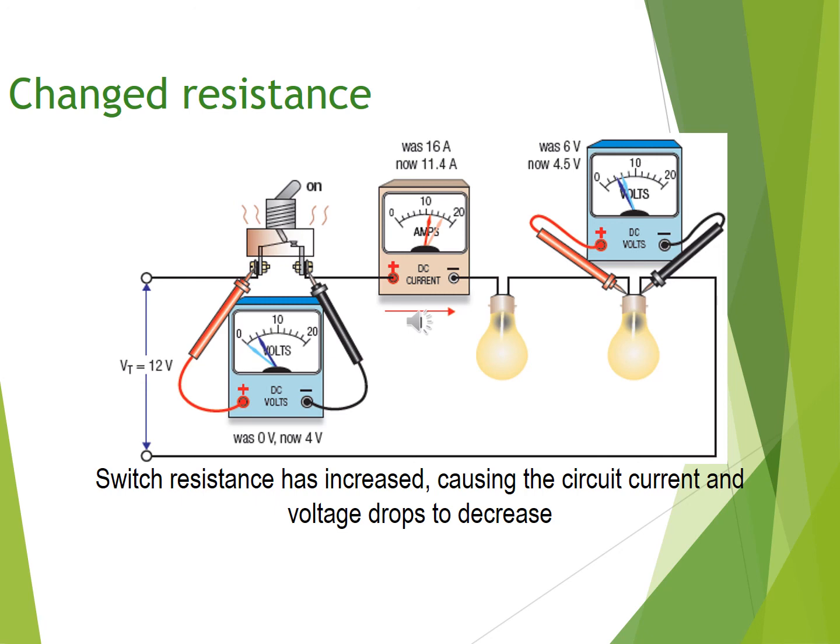Maybe not enough to go open circuit. If it did go open circuit, of course the lamps would go out. But if the resistance started to change from 0 ohms to 10 ohms, 20 ohms, 100 ohms, you would see the light starting to dim, as the total resistance of the circuit would have to take into account the resistance across the switch, plus the resistance of lamp 1 and lamp 2.